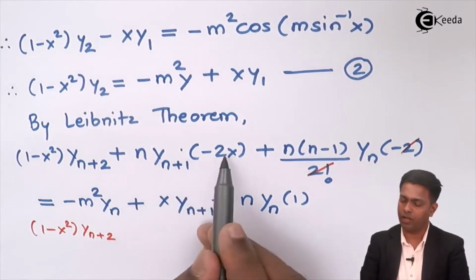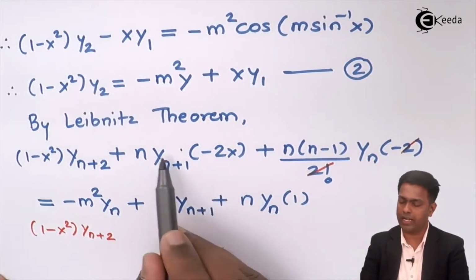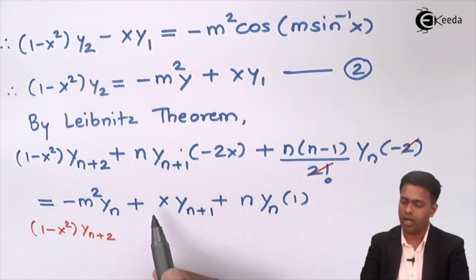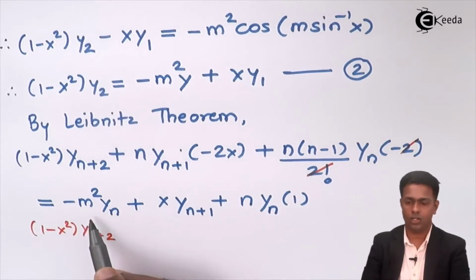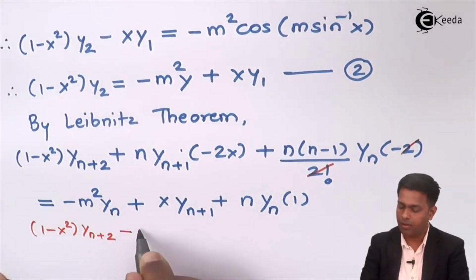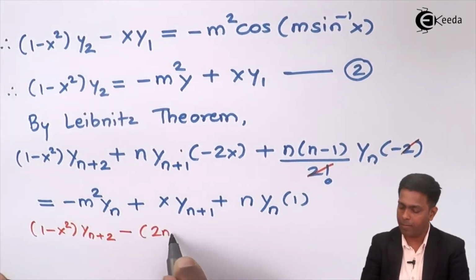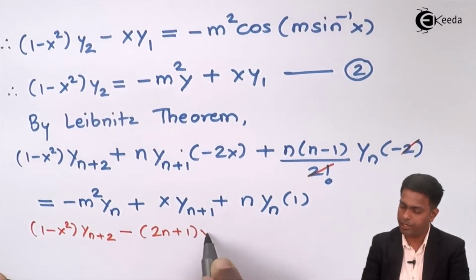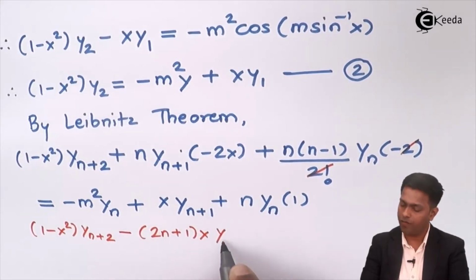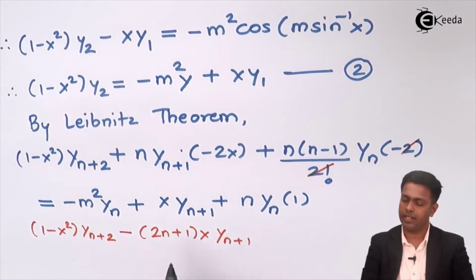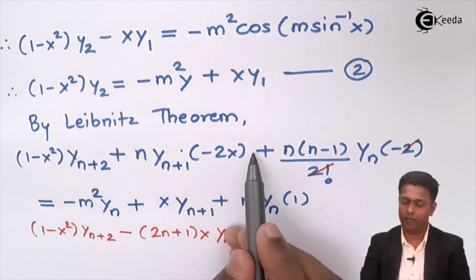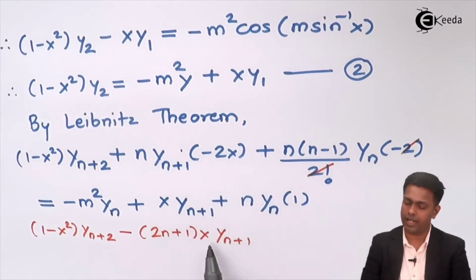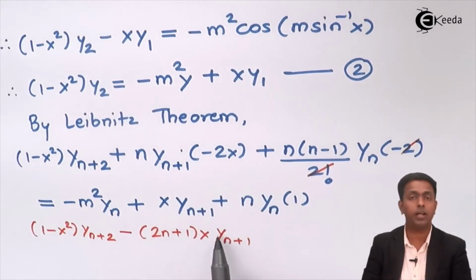So from here we have minus 2nx as the coefficient, and if this term comes to the left hand side, that will become minus. So I'll take minus common, and in the bracket, 2n plus 1 into x y of n plus 1. So what I did is I took this on the left hand side, that will become negative, and from these two terms I have taken x and y of n plus 1 common. In the bracket we got 2n plus 1.